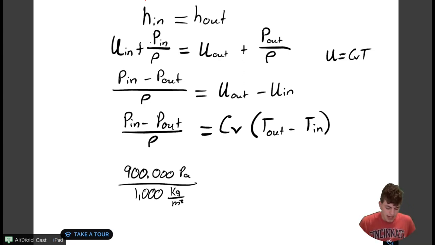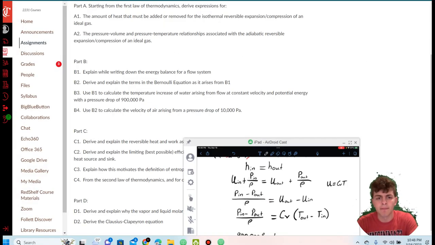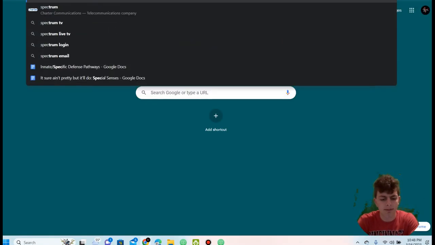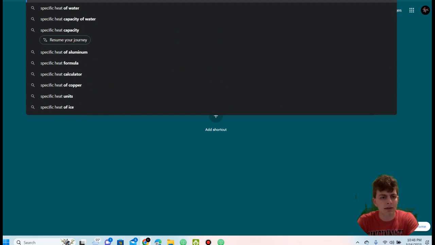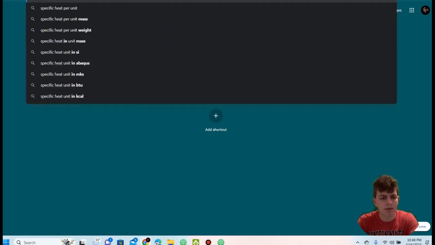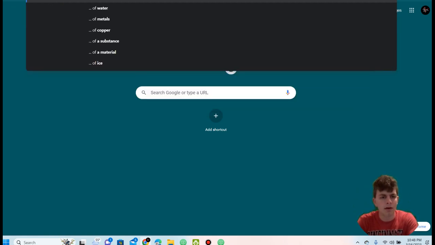And then we can go ahead and divide that by its specific heat per unit volume. I do not have that memorized for water off the top of my head, so I would have to go and look it up. Specific heat per volume, unit volume of water.